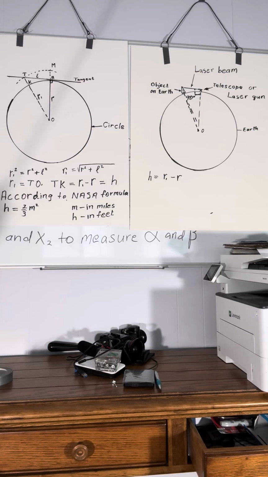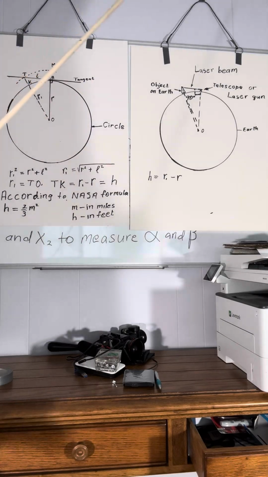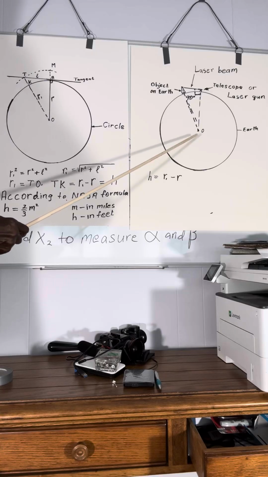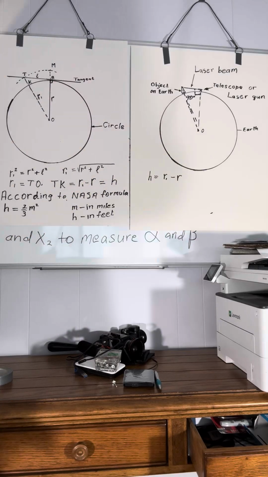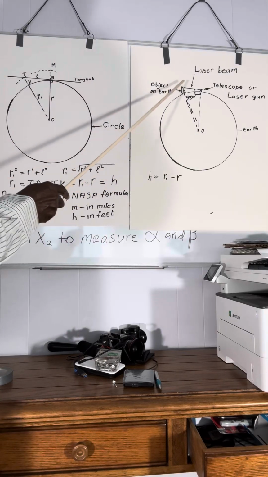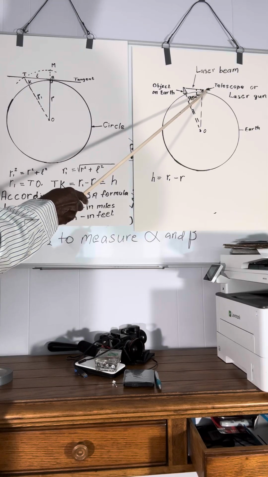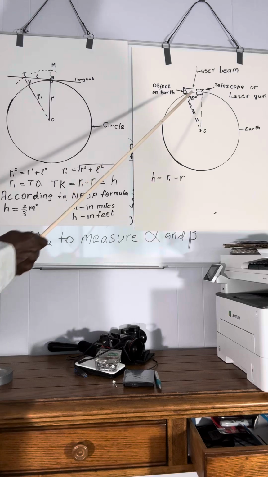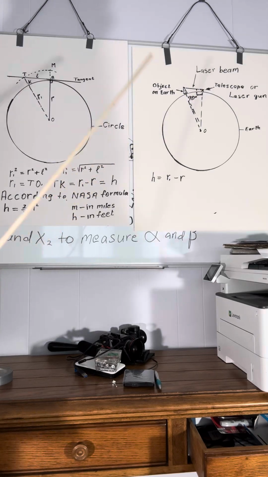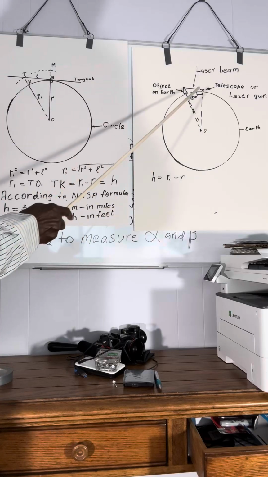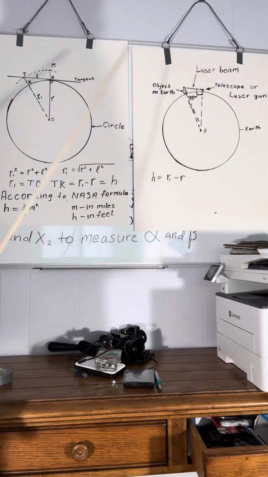Now, let's use this knowledge on the Earth and see if this phenomenon that you can observe here can be observed here. Let's say you find a telescope here or a laser beam, you put it here, send a beam of light 90 degrees to it, horizontal to the vertical.